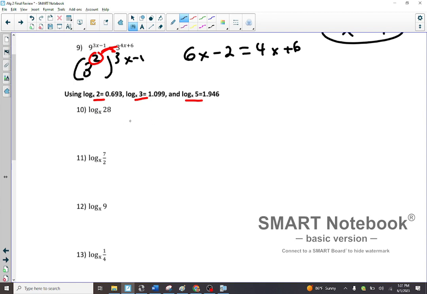Luckily for us, because we know how to condense and expand, 28 is the same thing as log x of 7 times 4, but we could break down 4. What is 4? 2 and 2. So instead of just rewriting it, log x 7 plus log x 2 plus log x 2.